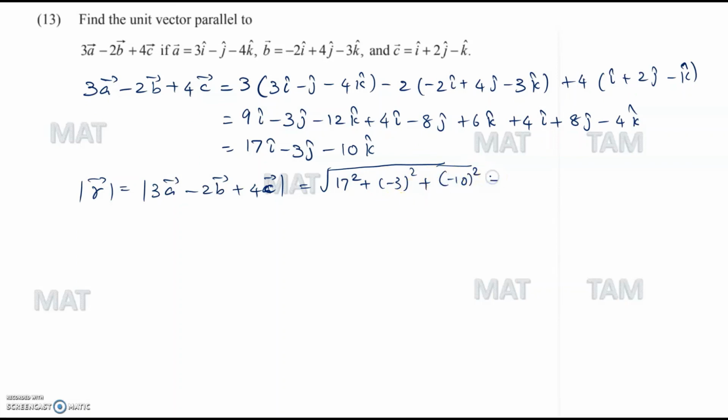That is equal to square root of 289 plus 9 plus 100, which is equal to root of 398.